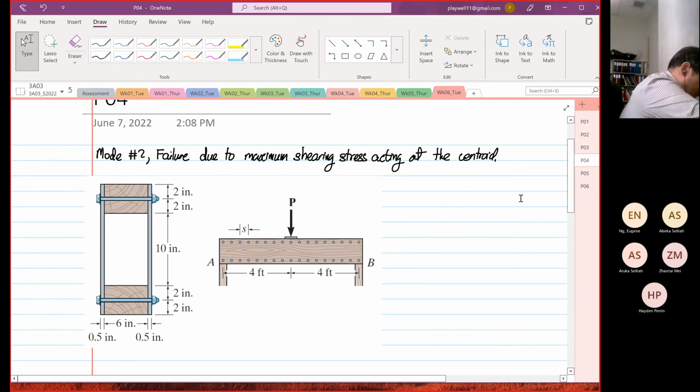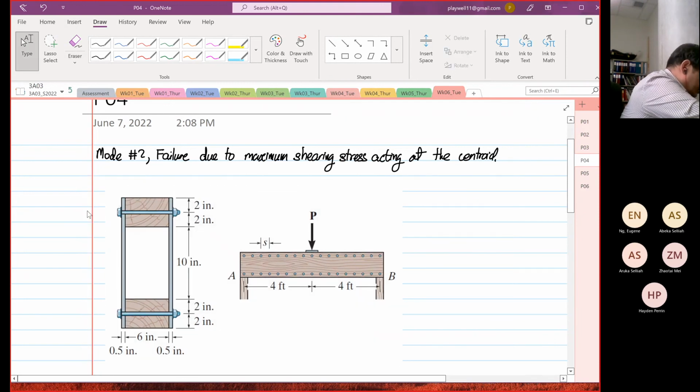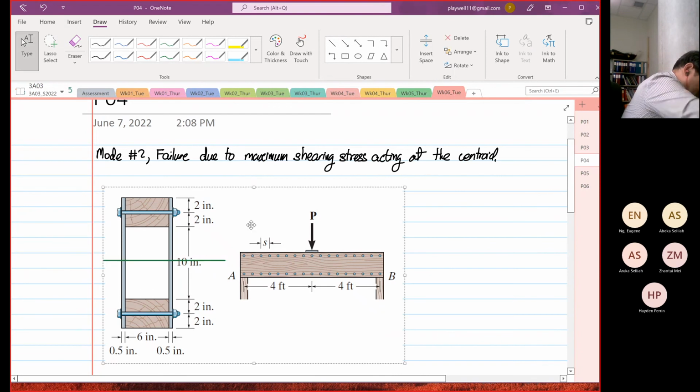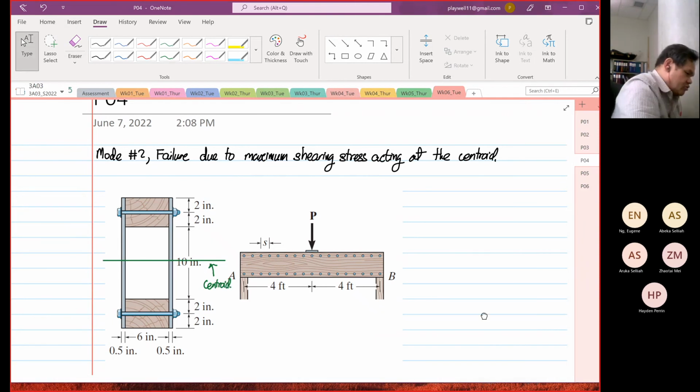Okay, so we want to find the maximum stress acting at the centroid, and by observation, this is where our centroid is. This is our centroid. So it's a pretty straightforward calculation to do.